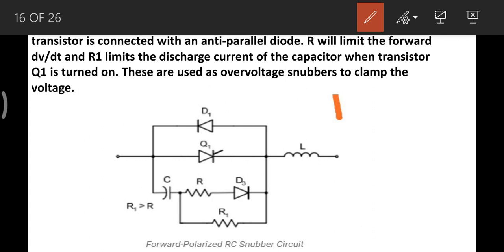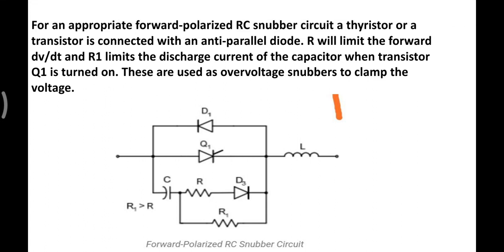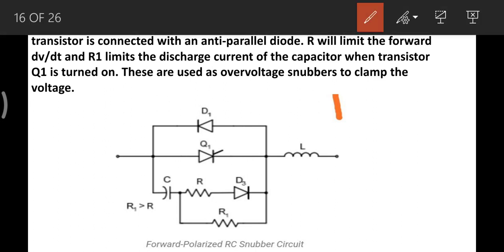These are used as an over voltage snubber to clamp the voltage. See here, there are two diodes connected in anti-parallel.